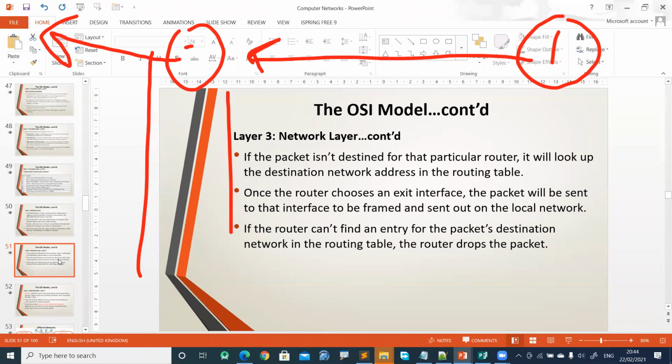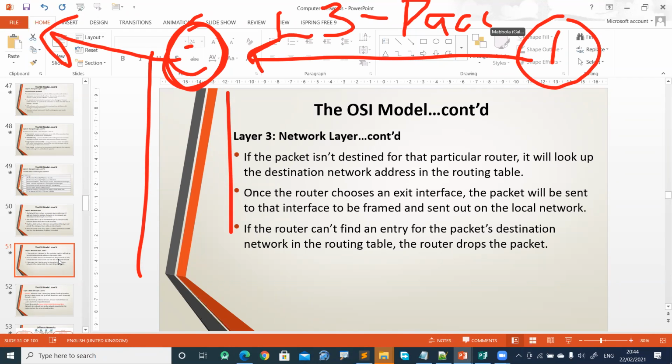Now, point number 3, once the router chooses an exit interface, the packet will be sent to that interface to be framed. Now, what does it mean to be framed? Say, for instance, if this packet has been received correctly on this, and remember, we are dealing with layer 3, and on layer 3, the data items are called packets.